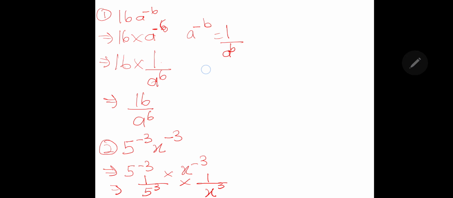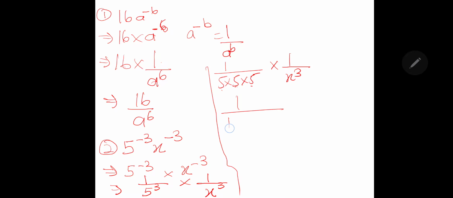Now, what is 5 cubed, or 5 times 5 times 5? This is the same as 1 over 5 times 5 times 5 times 1 over x cubed. 5 times 5 is 25, times 5 is 125. So you have 1 over 125 x cubed, and this is our final answer.